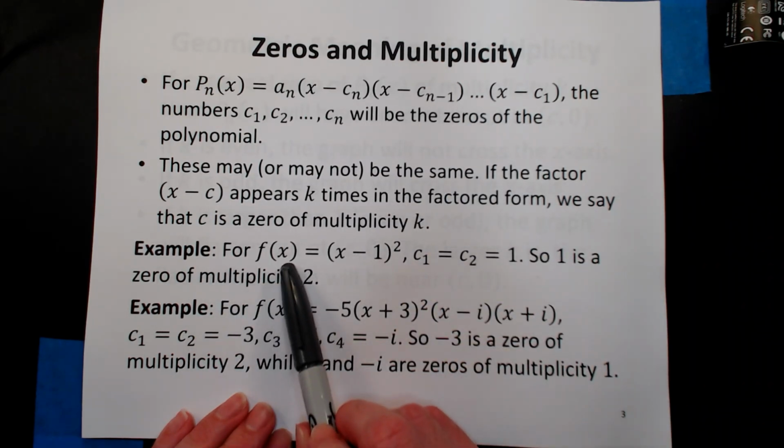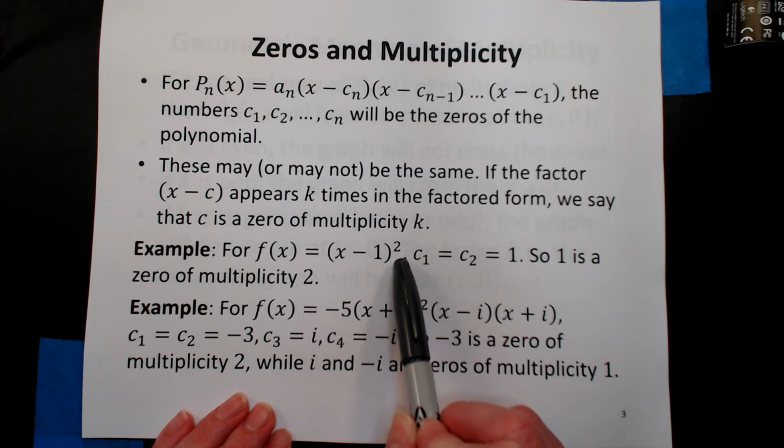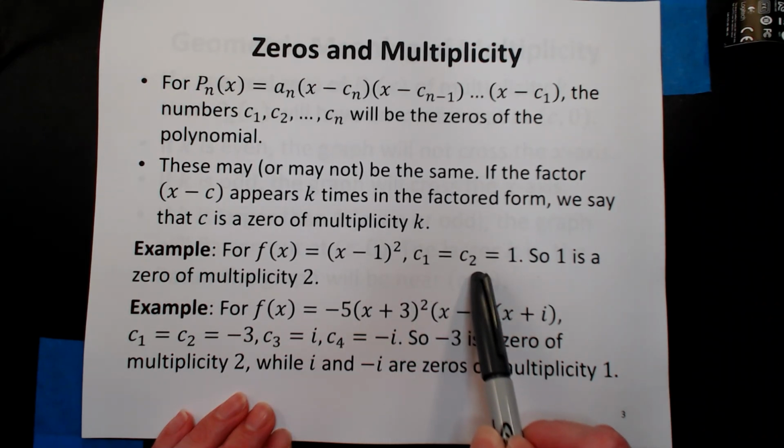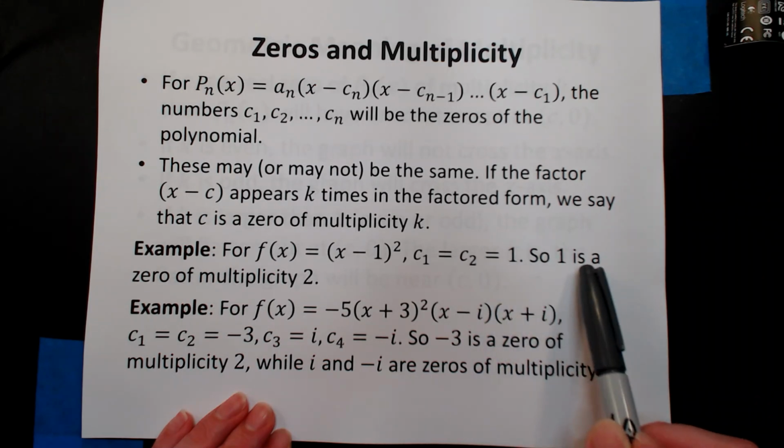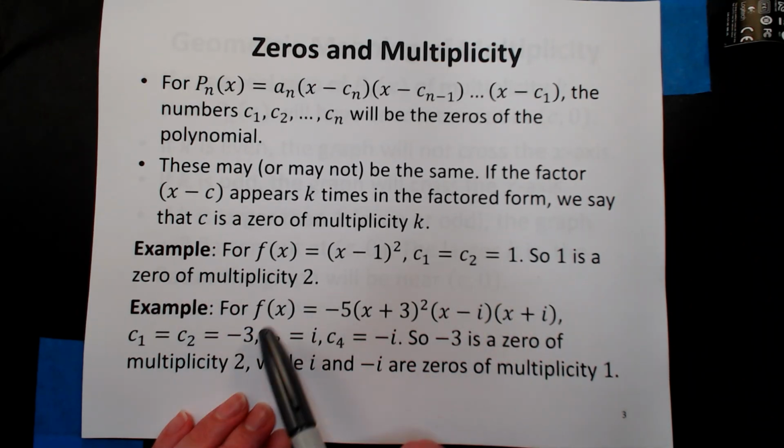For example, if f of x is equal to x minus 1 squared, c sub 1 and c sub 2, those zeros, equal 1, so 1 is a zero of multiplicity 2.